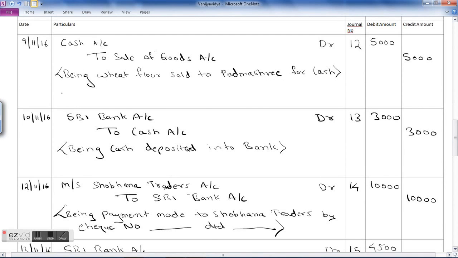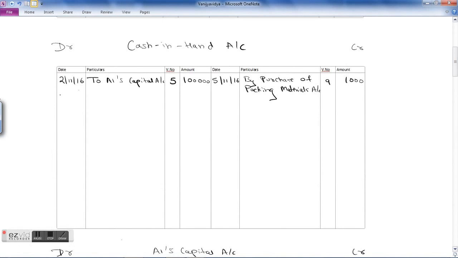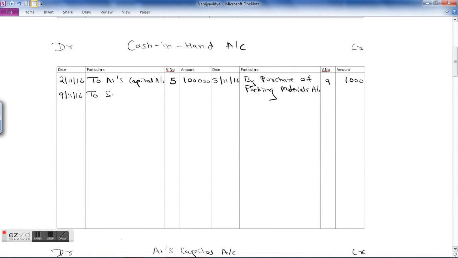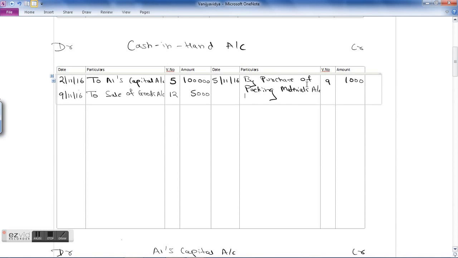What is the entry date? 9/11/2016 to sale of goods account, 5,000. Okay, transaction number is 12, amount is 5,000.